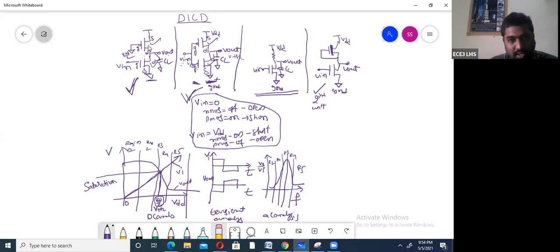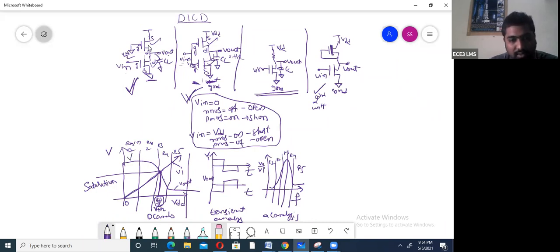Here also we have to equate them, because when both are on, a constant DC current will flow. Then we have to equate both the currents. So to find the threshold voltage, at this point both the transistors are in the saturation region. If you equate both the transistor saturation current equations, you can find the threshold voltage equation.